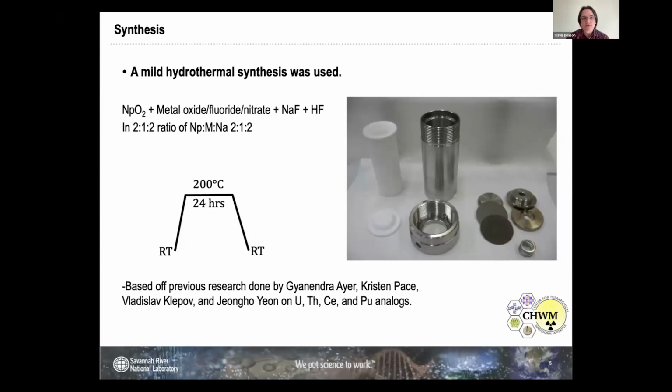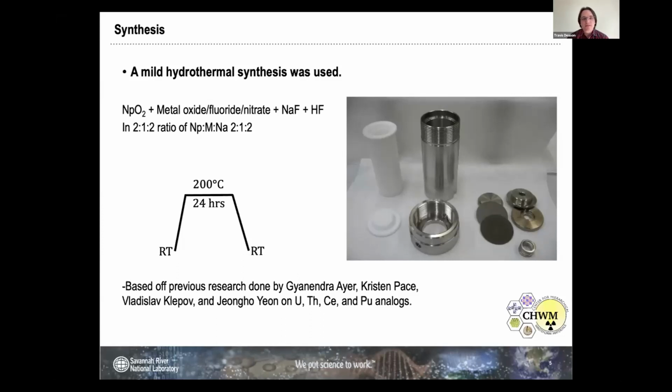I take sodium fluoride as my alkali source, and this is done in hydrofluoric acid. So you can see in the picture there, that Teflon liner, I put all the reactants in that, put that inside of the pressure vessel, close it all up, put it in the oven. And then we go up to 200 degrees Celsius for 24 hours before letting it cool down.